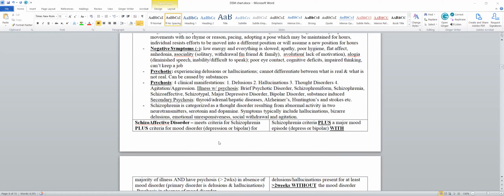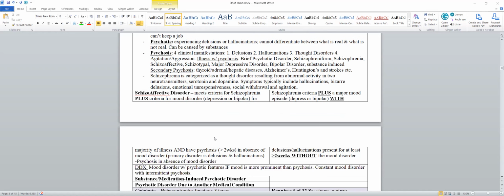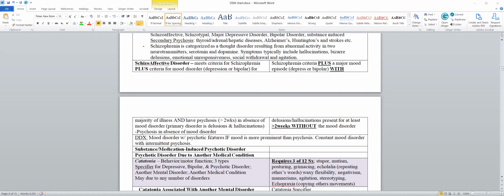So moving on to schizoaffective disorder, it meets criteria for schizophrenia, plus criteria for a mood disorder, like depression or bipolar, for the majority of the illness, and has psychosis for more than 2 weeks in the absence of a mood disorder.